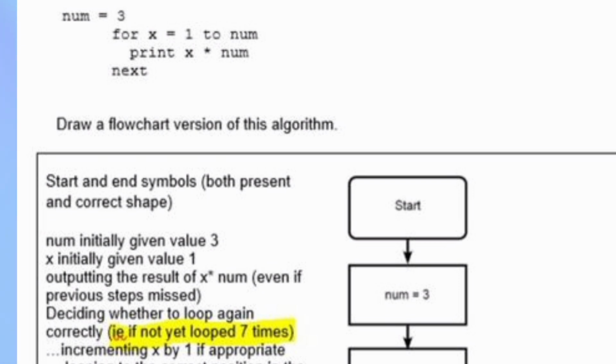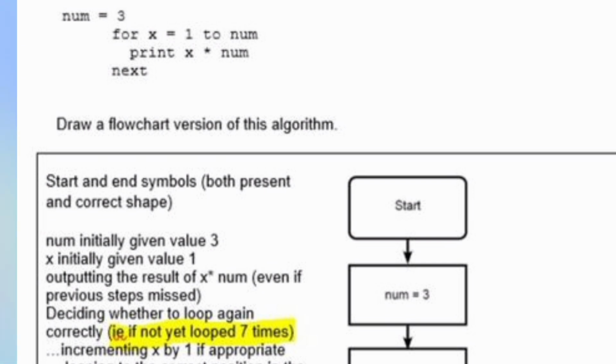This is an example for flowchart and pseudocode. Start. Number is initialized with the value of 3.